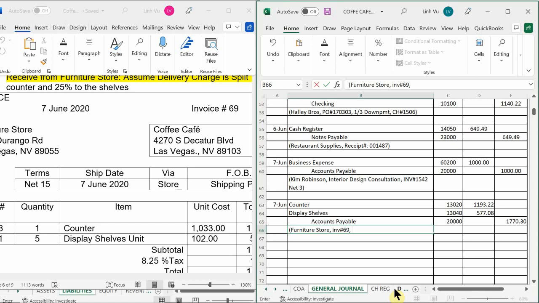In this case, my terms are that I don't get a discount. However, the bill is still due in 15 days. Okay? That's all that you should really need.